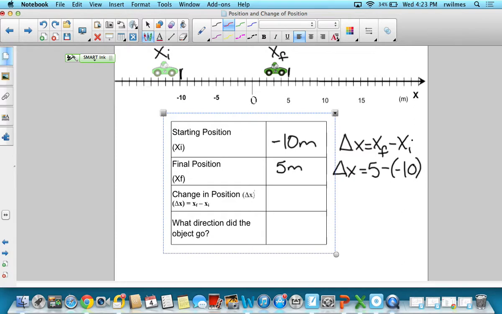Now we know from our math class that anytime you have a minus a negative, that turns it into a positive number. So change of x is 5 plus 10 meters. So my total change of position in this case is 15 meters.